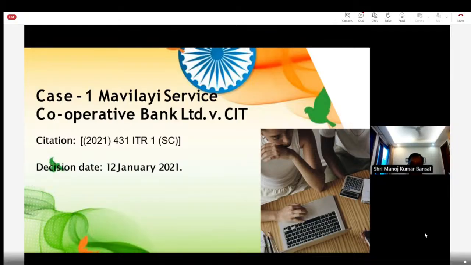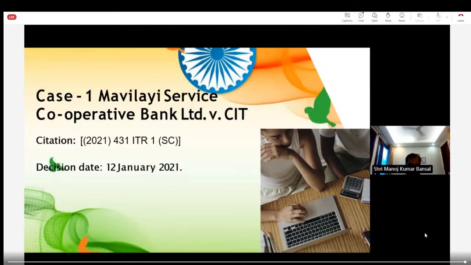My next pointer is, can a belated return under section 139(4) or 139(5) be claimed? This is again a similar question, but the Supreme Court decided in PCIT versus Wipro Limited in 2022, disallowed the claim and decided the appeal in favor of the Revenue Department.